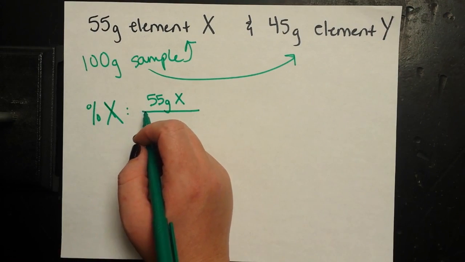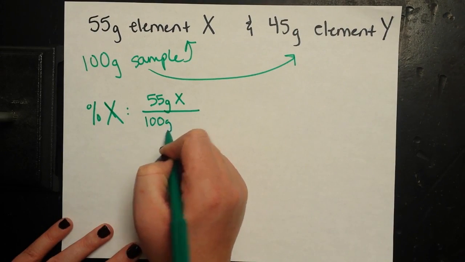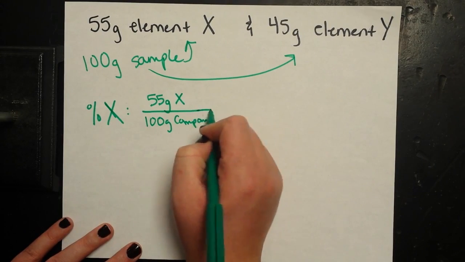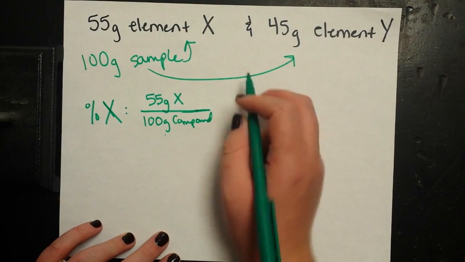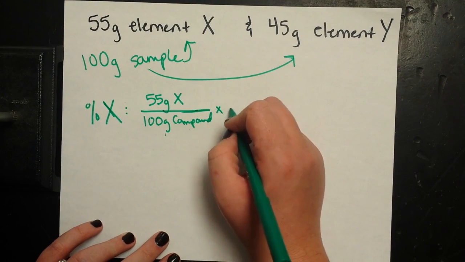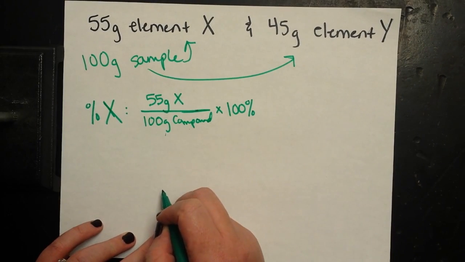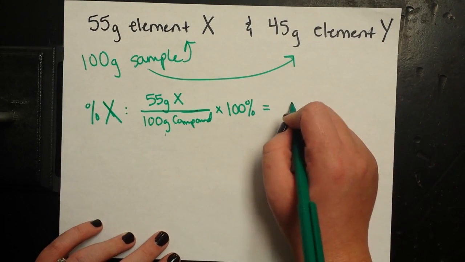Here we've got 100 grams of our compound, because the sample is of the compound. Once we do this, our grams will cancel, and you've got to multiply this by 100% to end up as a percentage.